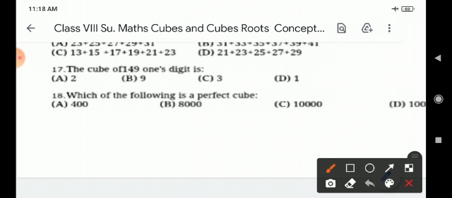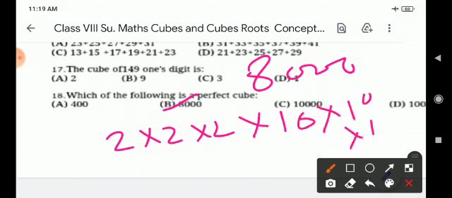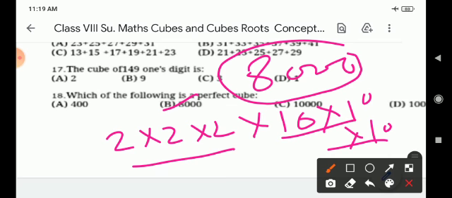For example, 125 is a perfect cube. The answer will be 8,000. 2 into 2 into 2 into 10 into 10 into 10. It is the perfect cube. Okay, 8,000 is a perfect cube.